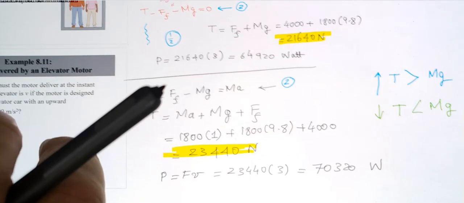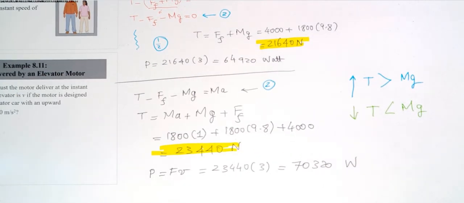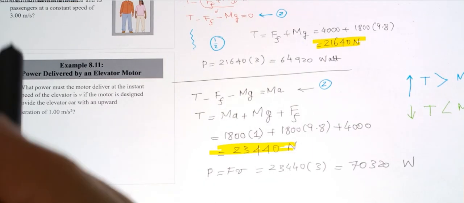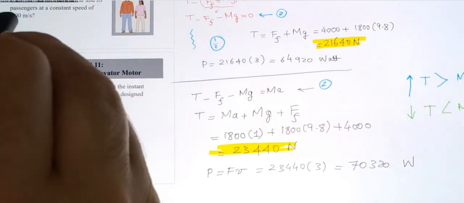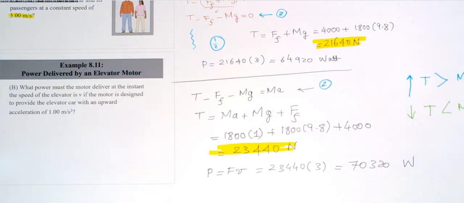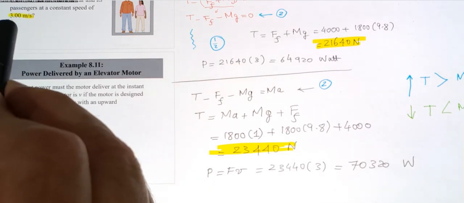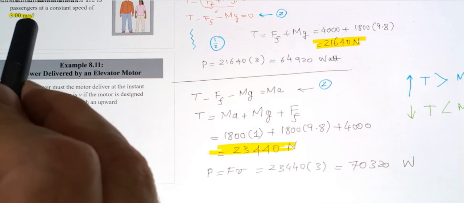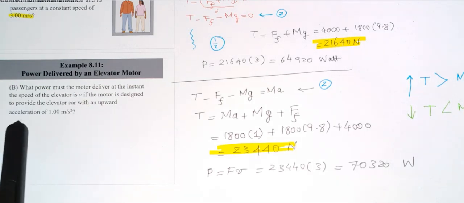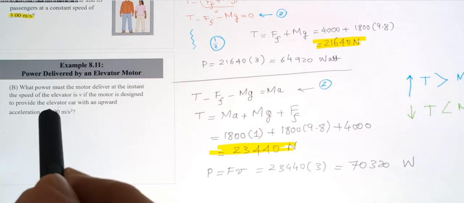Any questions, guys? A 3 from here. So the car itself has a speed of 3 meters per second but with an acceleration of 1 meter per second squared.